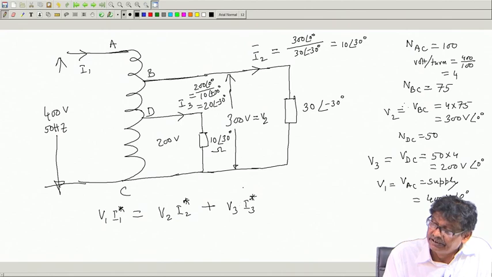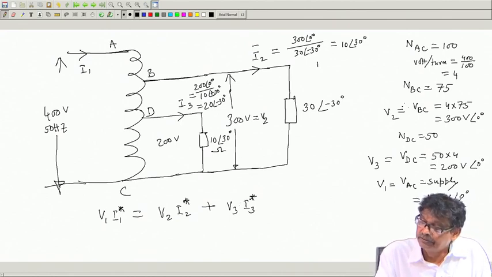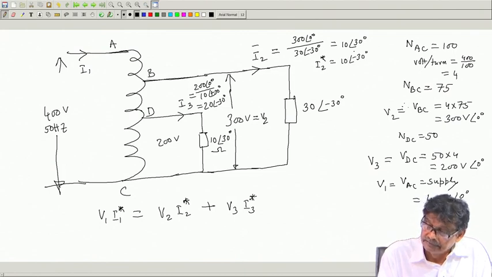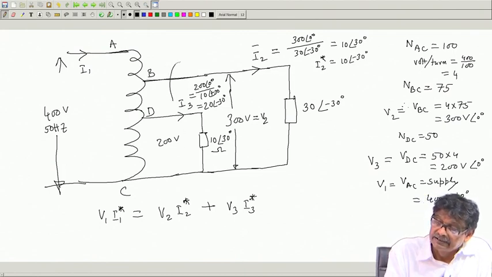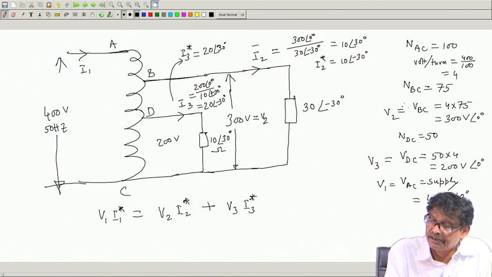Of course, if this is I 2, then do not forget to calculate I 2 star, that is 10 minus 30 degree. If this is I 3, calculate I 3 star, which will be equal to 20 plus 30 degree ampere.